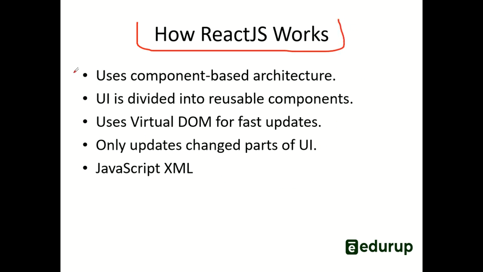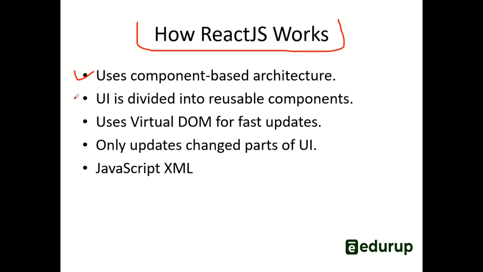It uses a component-based architecture. Component-based architecture means whenever we create a React.js application, we are using components. Components such as the home component, about component, services component, and contact component. Like that we are using them in single page applications. That is what we call component-based architecture.